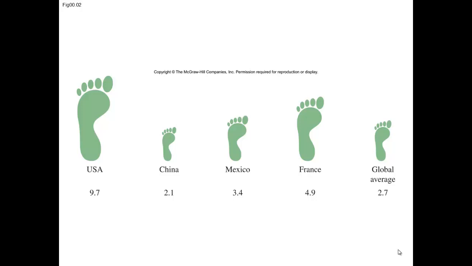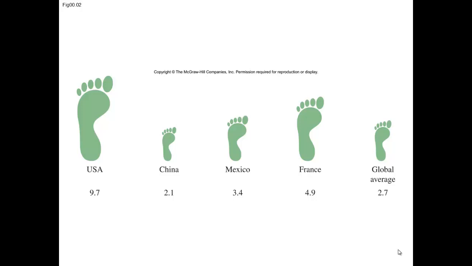So the U.S. per person requires 9.7 hectares per year to support individuals on Earth. And you can see that the individuals from the USA require more land than any other country on Earth. So this is something that we need to think about.